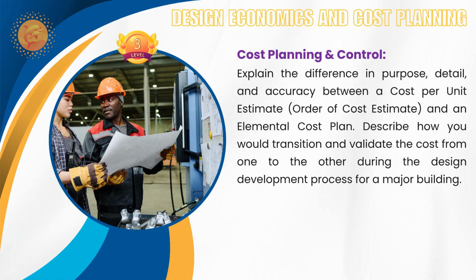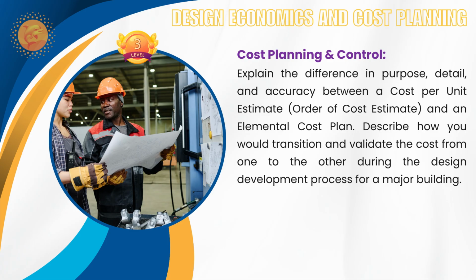So based on single unit cost, which you have per square meter area or cost per key, cost per bed or cost per people, those kind of things. So that will be used to strategic decision making, either to go or no go. That's all. But when you go into elemental cost plan, when you are using something like NRM1, so you will develop into substructure, shell, services, finishes, those kind of things in detail.